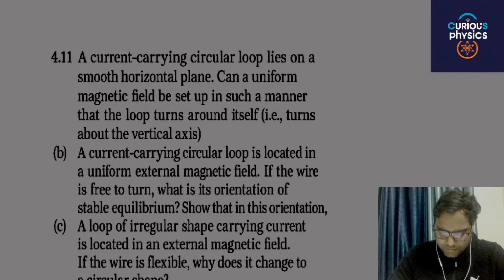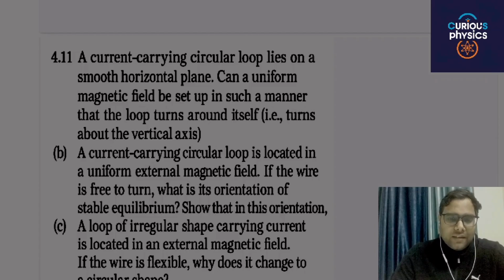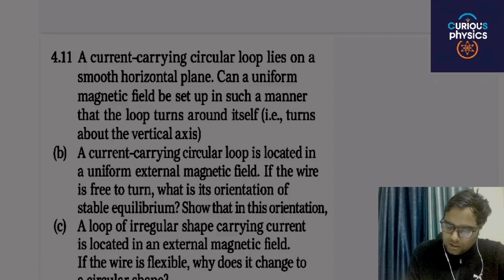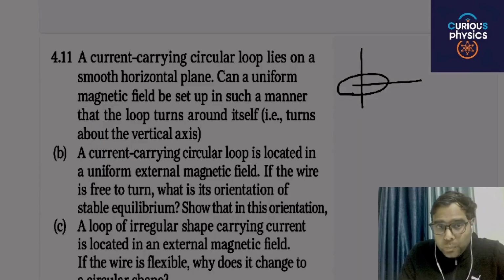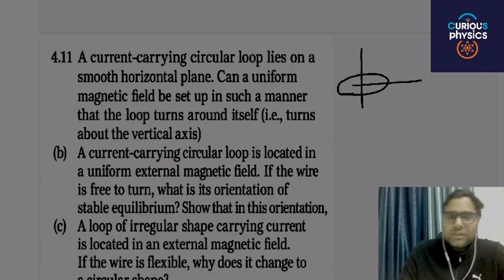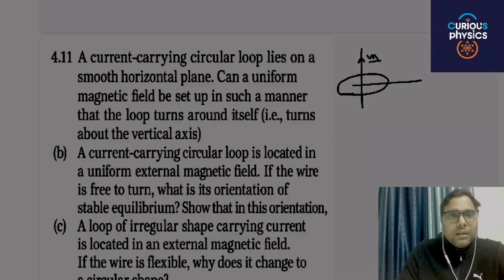Next, these are questions related to basic understanding. A current carrying circular loop lies on a smooth horizontal plane. Can a uniform magnetic field be set up in such a manner that the loop turns about the vertical axis? If the loop lies in the horizontal direction, then the magnetic moment direction will be vertical.